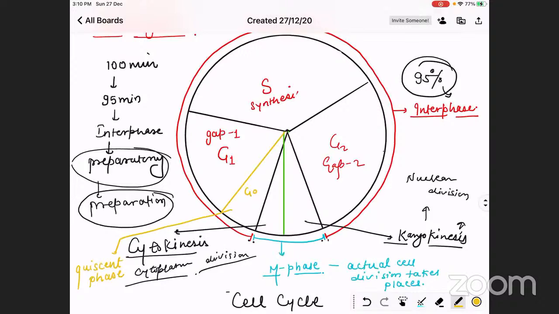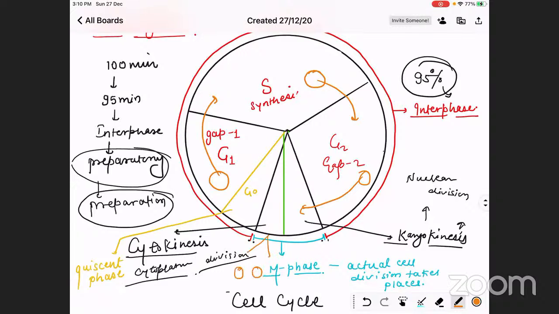If a cell is going to divide, it will enter into the G1 phase, and from G1 into the S phase, from S phase to G2 phase, and G2 phase to M phase, and then it will be divided into two cells.